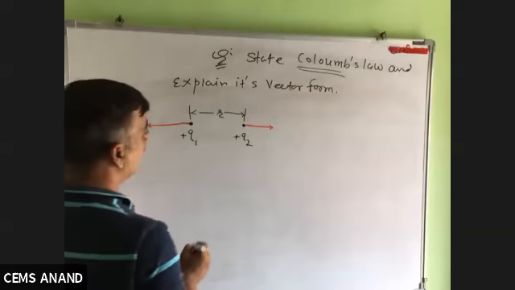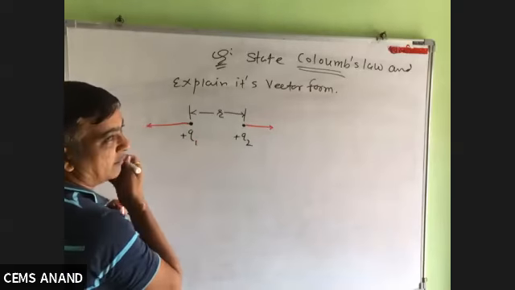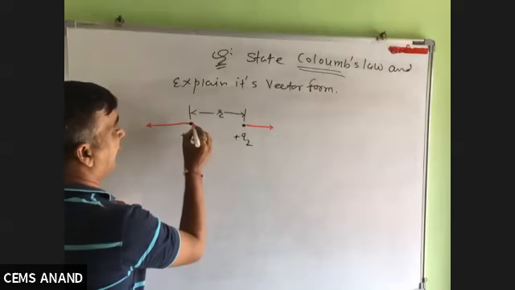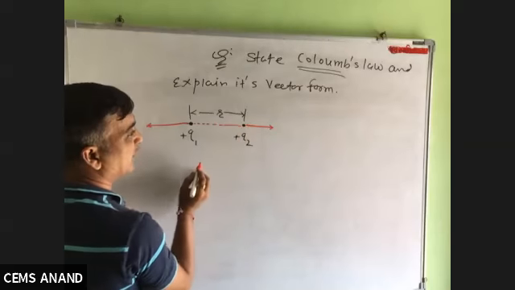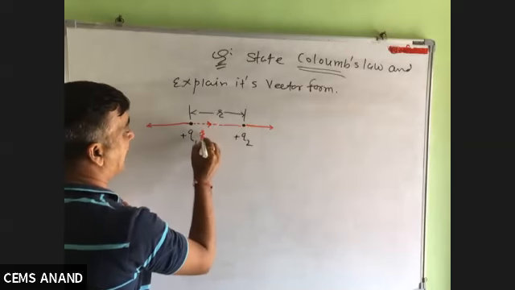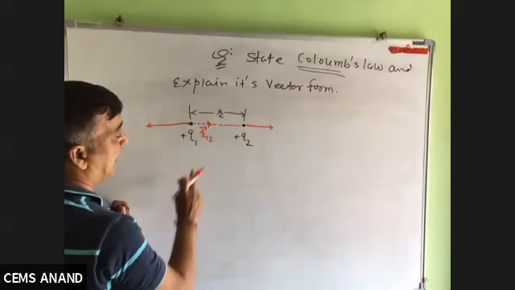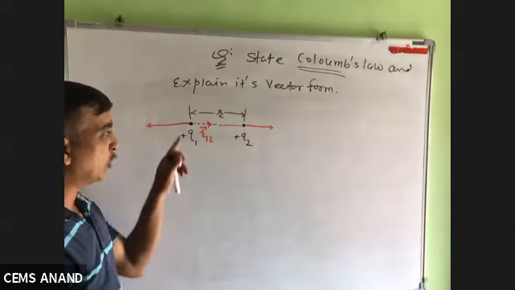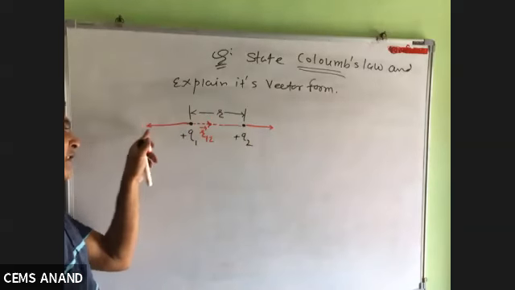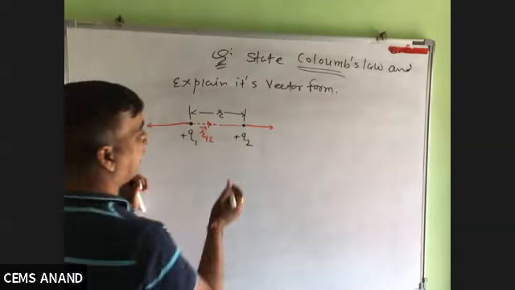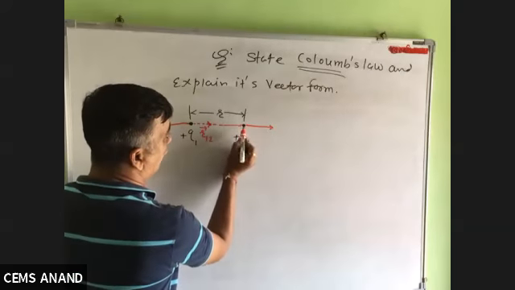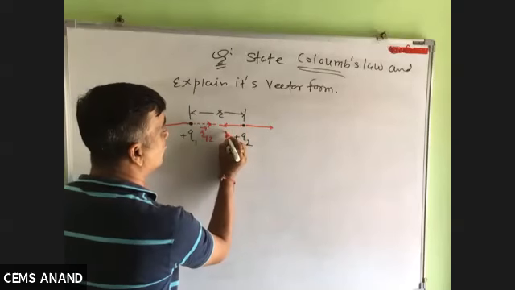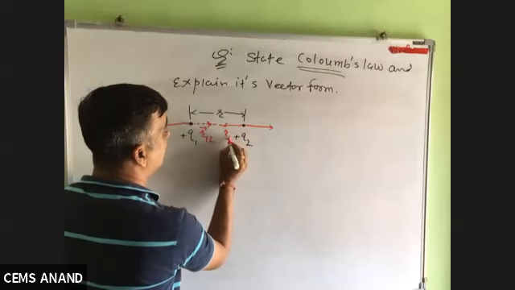Whenever we are showing the electrical force generated on Q1 due to Q2, the distance between the two is denoted as R12. Mind well, I am saying this for Q1: the force on Q1 due to Q2 in this direction, so it is R12. But if we are showing the force on Q2 by Q1, the distance between those two is given by R21.